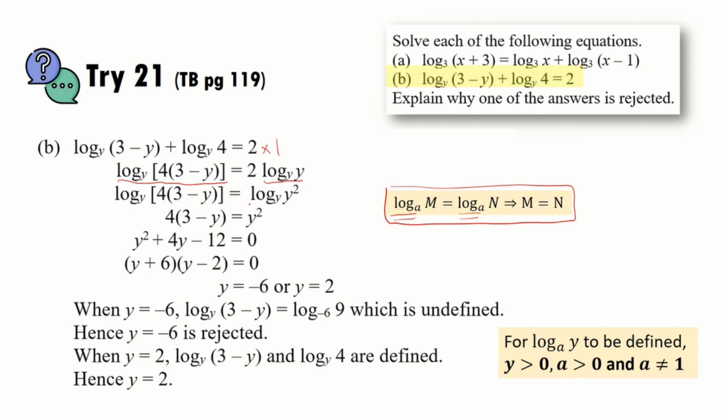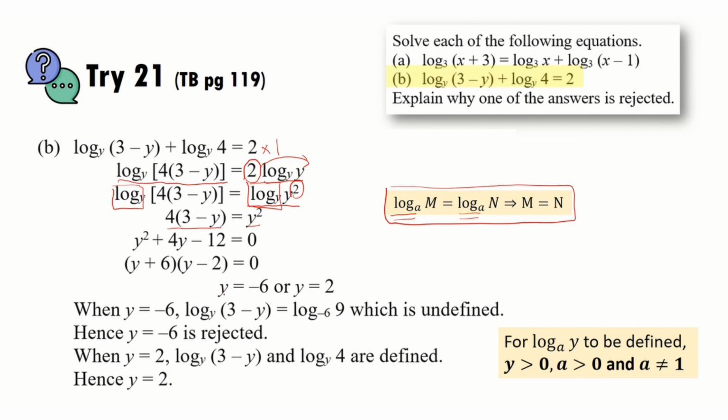Then I will make use of my power law to bring the 2 up into the power, hence I have it here. Then I will have 1 logarithmic expression on each side of the equal sign. So I will then be able to equate these 2 parts from the logarithms and then get a quadratic equation.